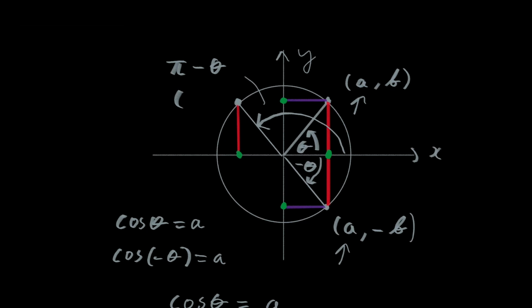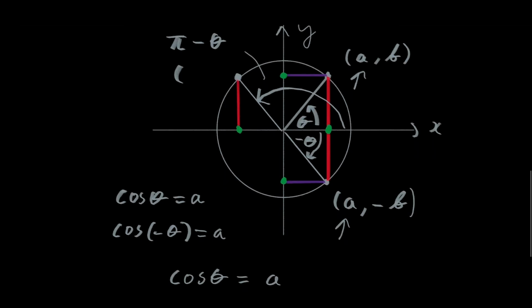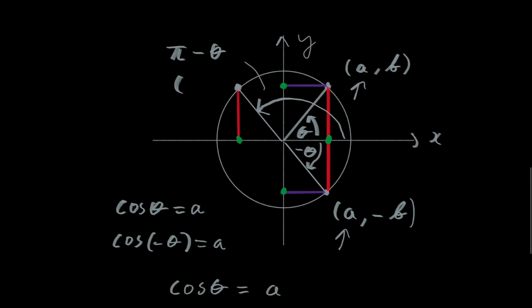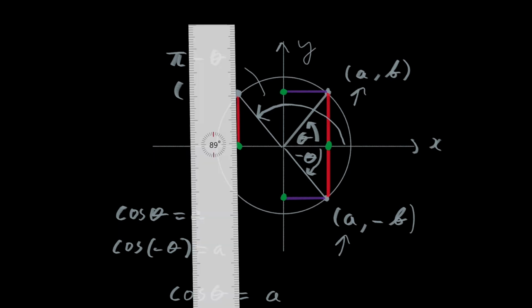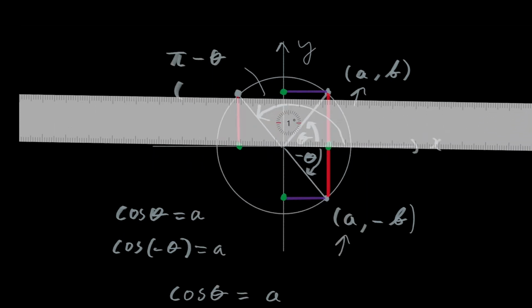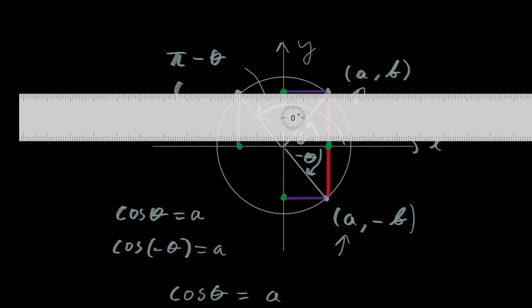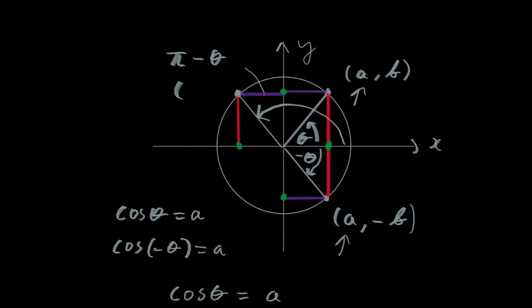And its y value would be positive b, because if we head across horizontally, we would intersect the y-axis at that green point, which we know is positive b. So this is going to have coordinates negative a, positive b.